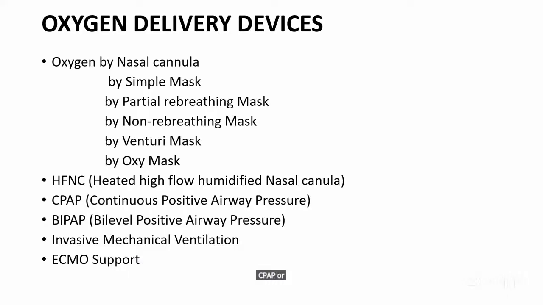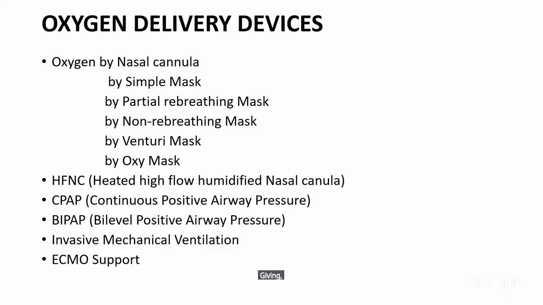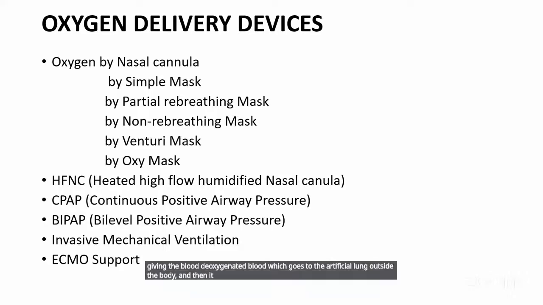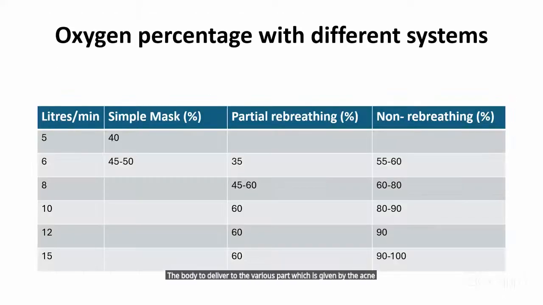If that doesn't work, we go to invasive mechanical ventilation, and as a last resort, we can completely bypass the function of the lung by putting the child on ECMO support, where deoxygenated blood goes to an artificial lung outside the body, gets oxygenated and ventilated, and comes back to the body to be delivered to the various parts.